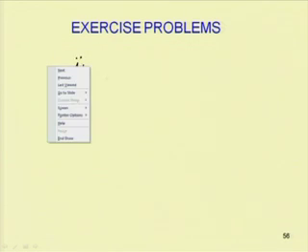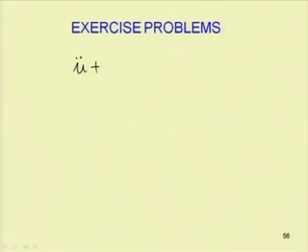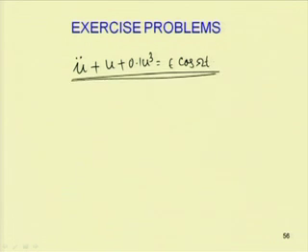Let this equation be written as u double dot plus u plus 0.1 u cube equal to epsilon cos omega t. This is a forced vibration equation. One can solve this equation to find the response of the system by using the method of multiple scales.